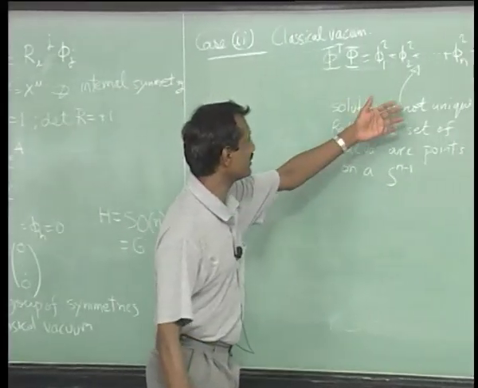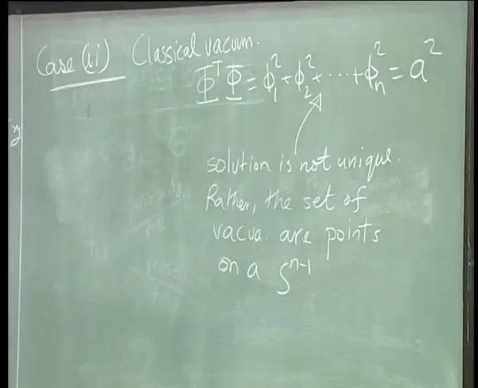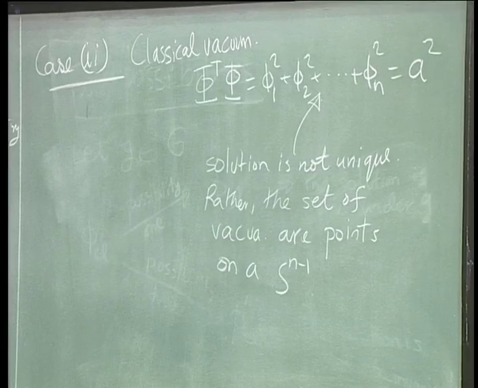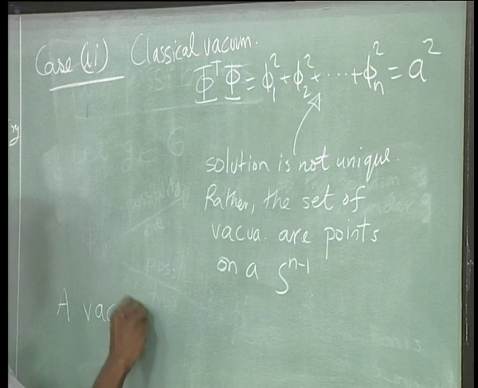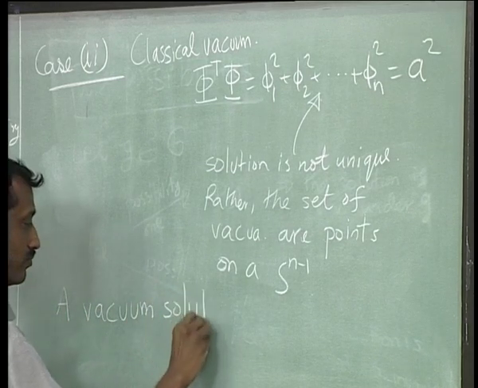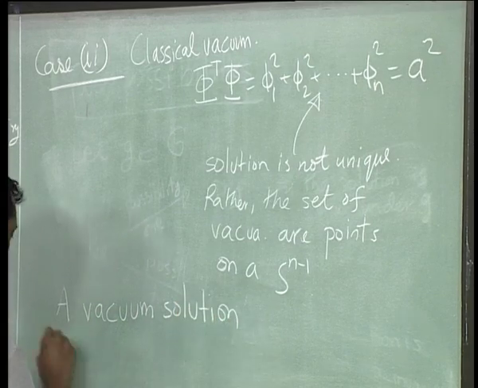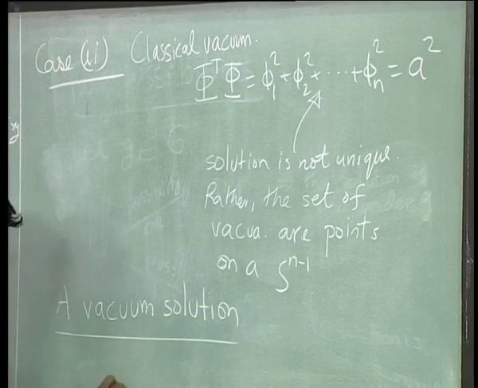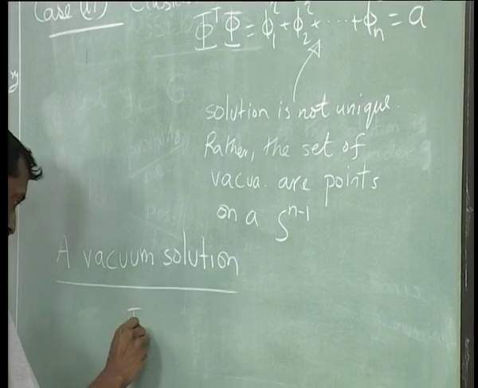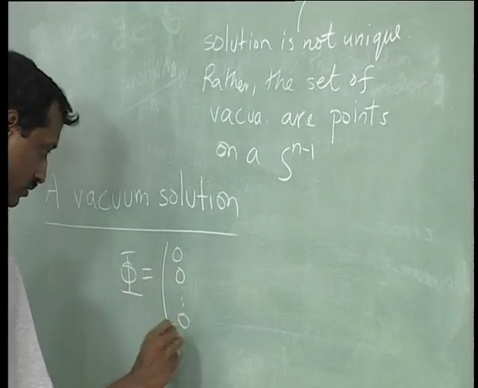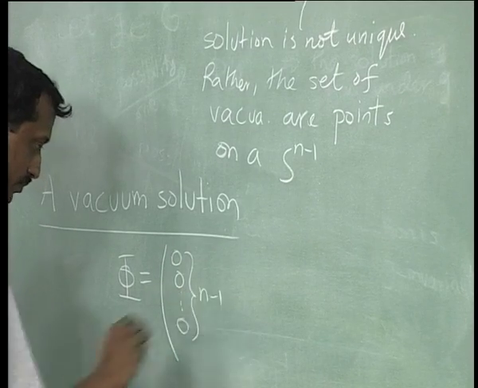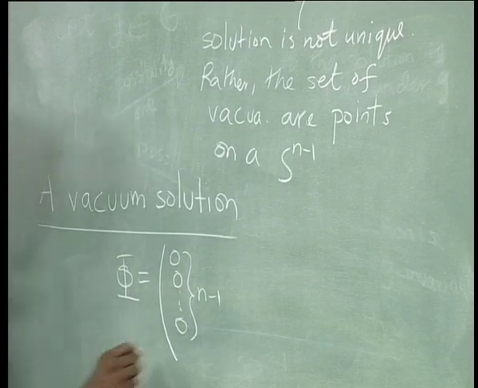So, let us look at this. Now the question is, let us pick a vacuum. For instance, a vacuum solution is of this form, n minus 1 times, and put an a here.